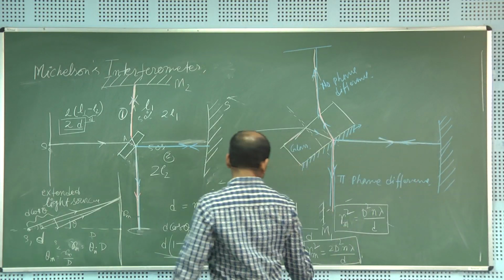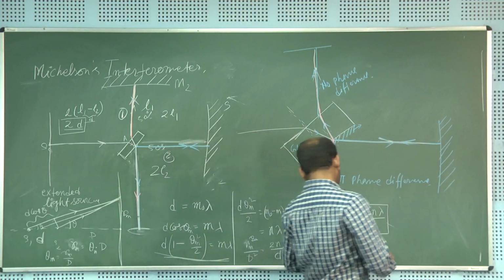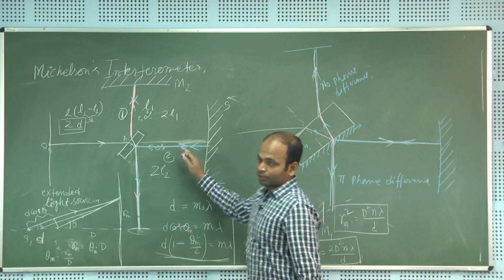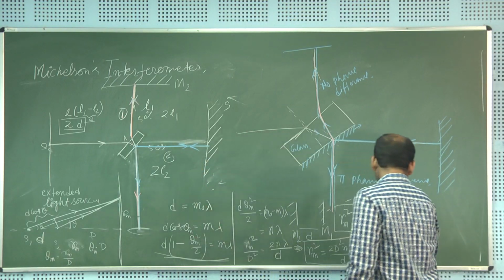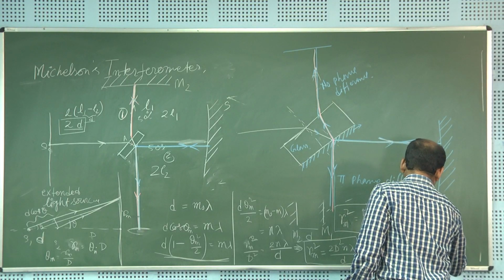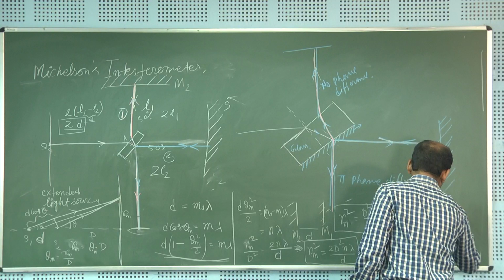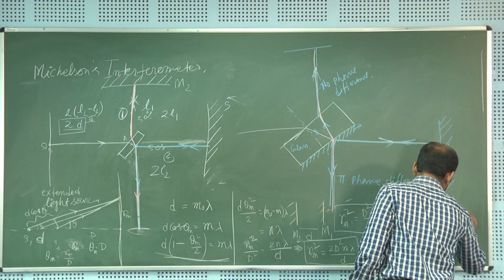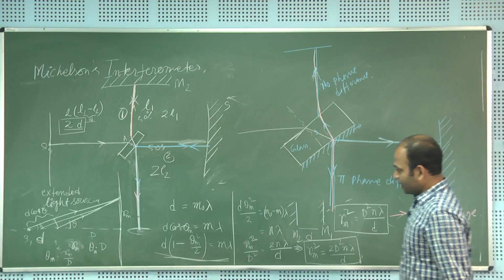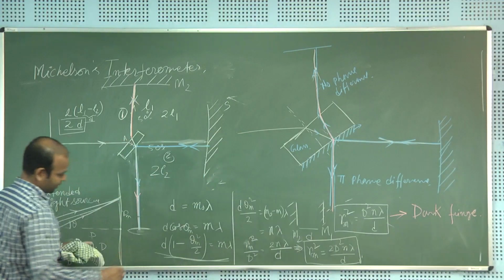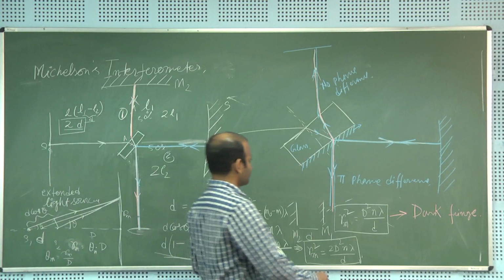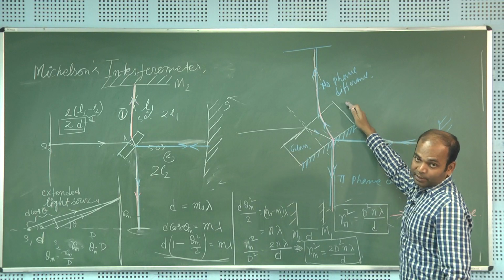As a result, this condition that we got here in the case of Michelson's interferometer would actually give you a dark fringe instead of a bright fringe. So if you compare, this one has no phase difference between these two paths. However, in Michelson's interferometer, if we have this kind of beam splitter, please remember.